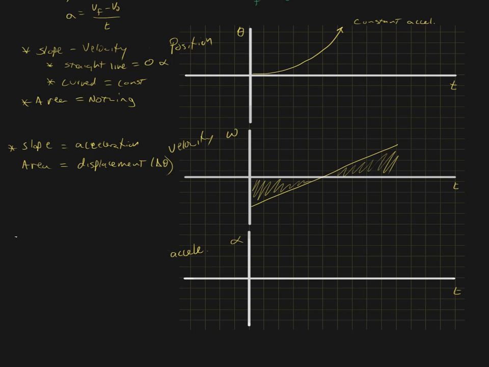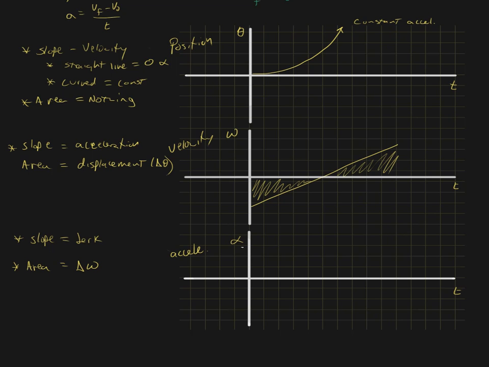Finally, we get to the acceleration time graph. And on the acceleration time graph, the slope we will not look at, but the slope would be considered the jerk. No need to think of it beyond this video. I don't even know if I would write it down if I were you, because you're going to study it for no good reason. Okay? But the slope is equal to the jerk, and the area is going to be equal to the change in velocity, which is delta omega in angular variables.